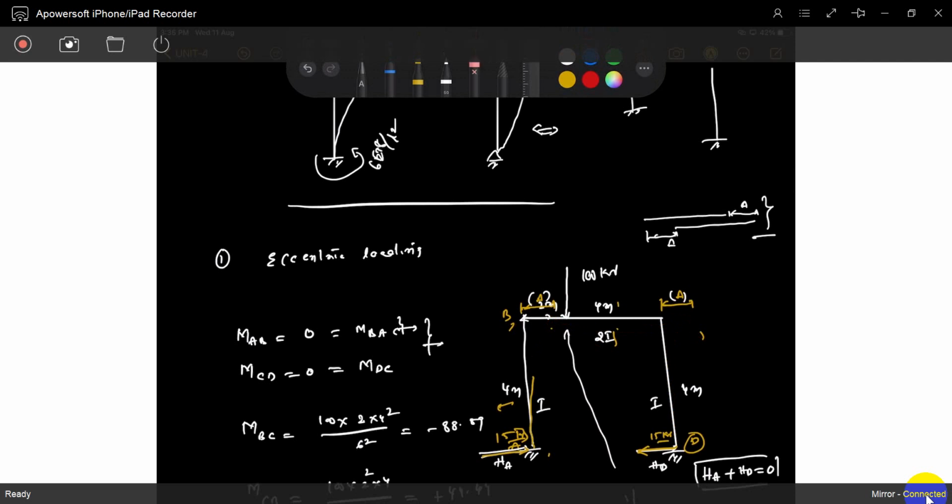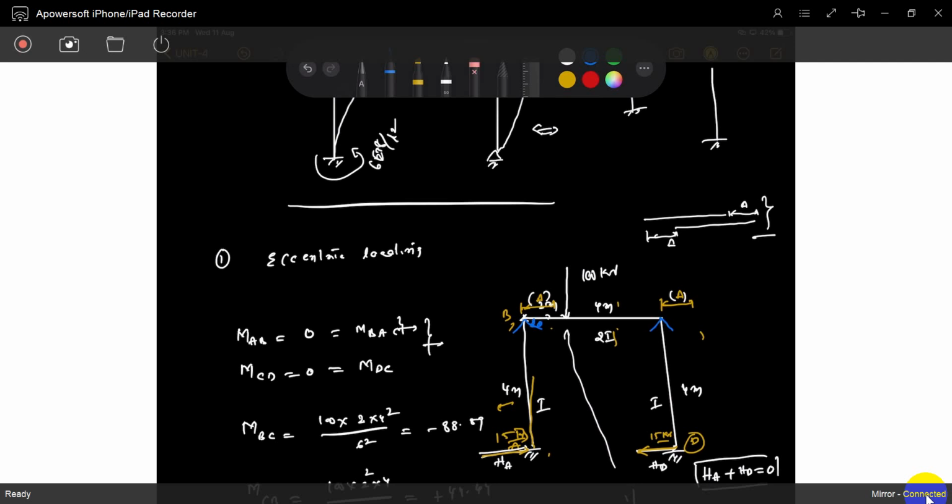So theta b is clockwise, theta c is anti-clockwise. Understood? So how can it differ? Clockwise, anti-clockwise. If you can't understand, I will explain. See, so it deforms like this.